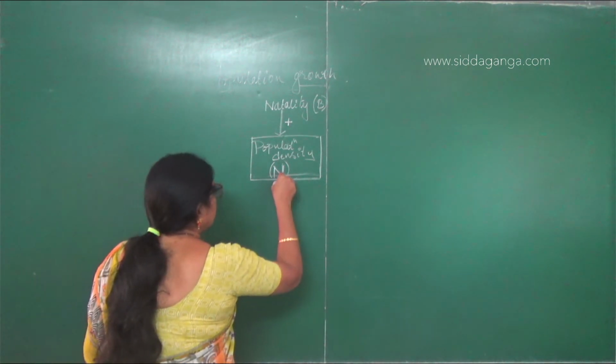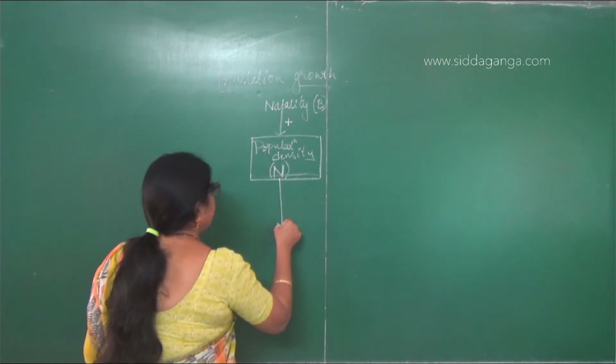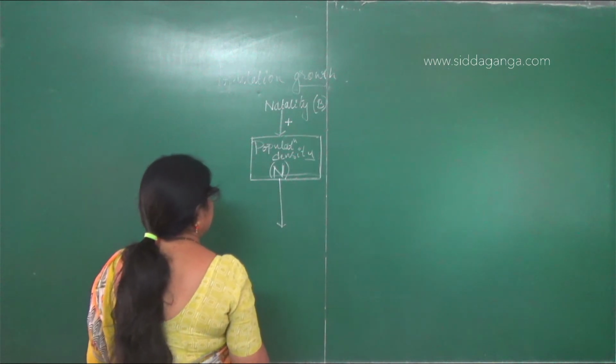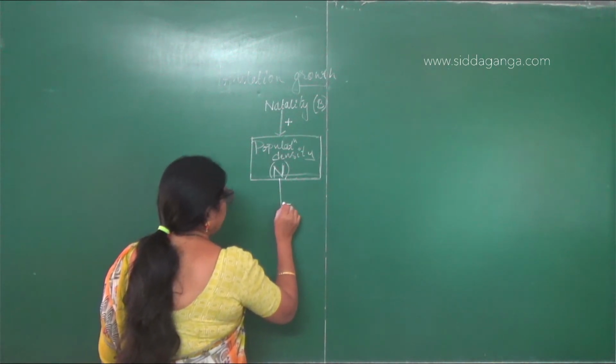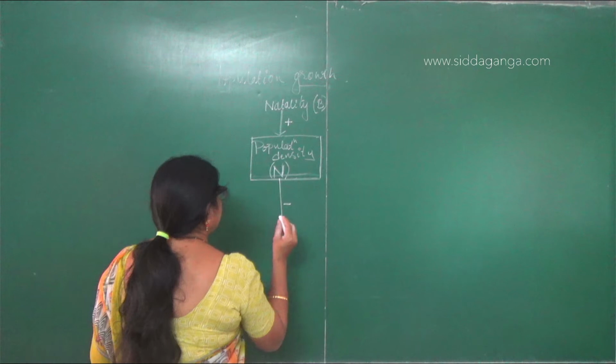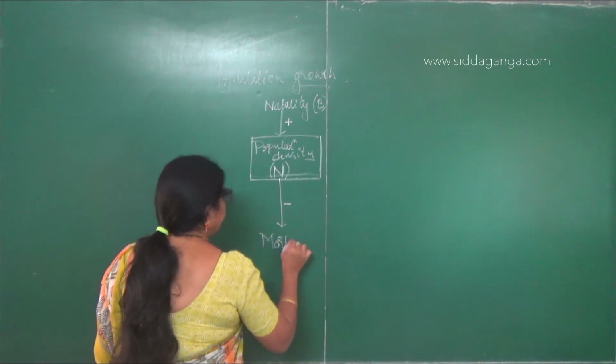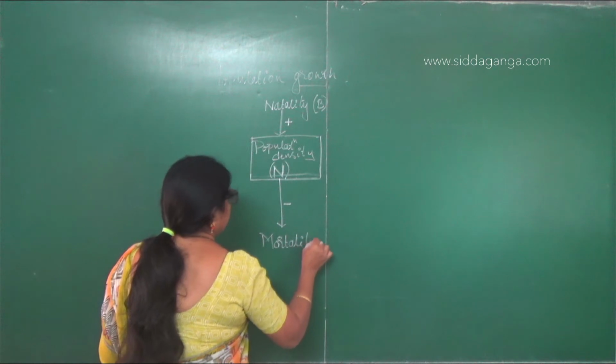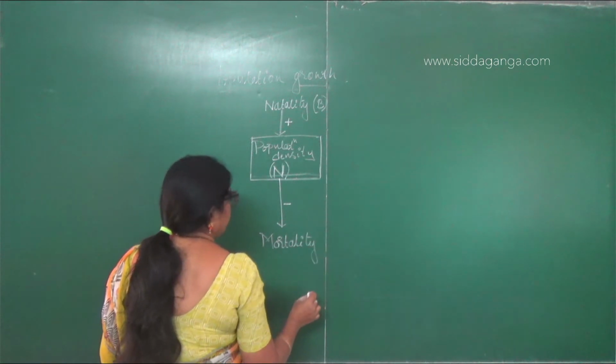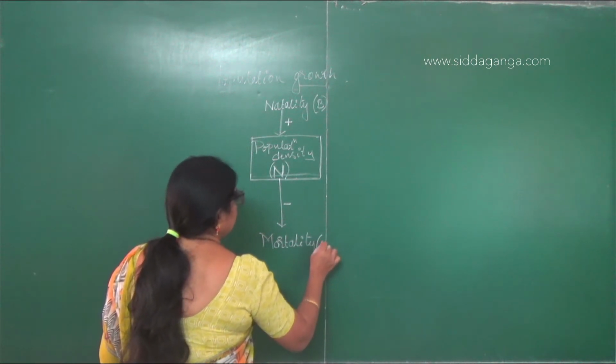Some of the individuals are eliminated from this habitat, that is, the population density decreases due to elimination of some of the individuals by the process called mortality. Mortality means death rate.